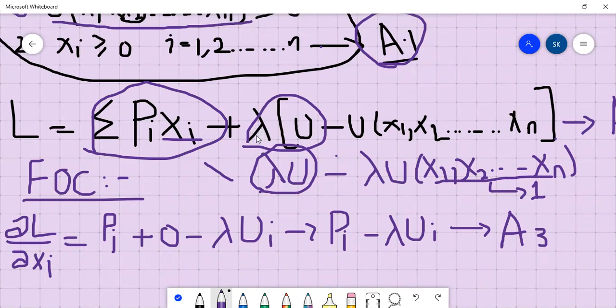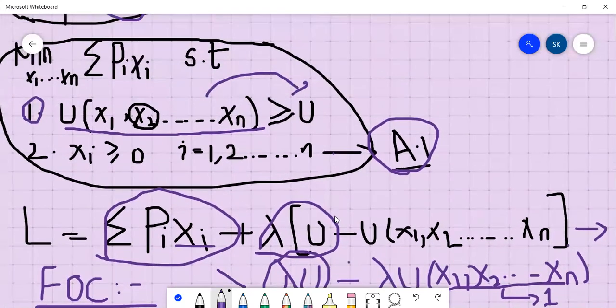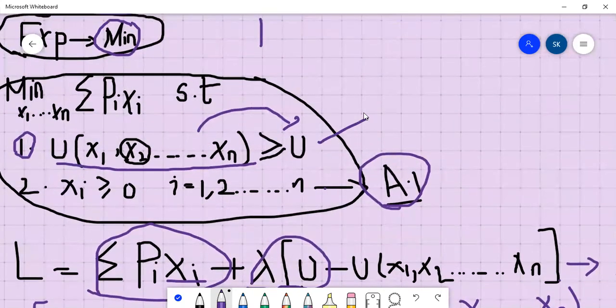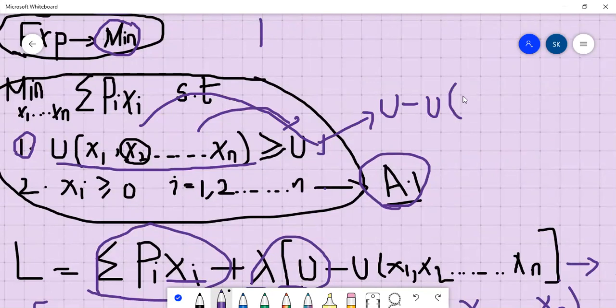We rearranged this function: we brought this whole term to the right-hand side, and therefore it was subtracted. And we got u minus u of x1, x2 till xn.